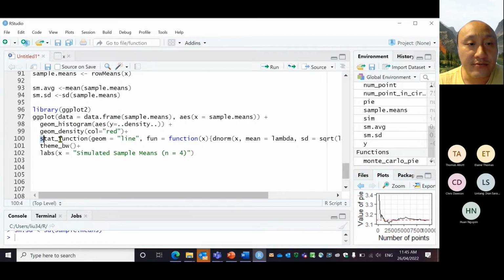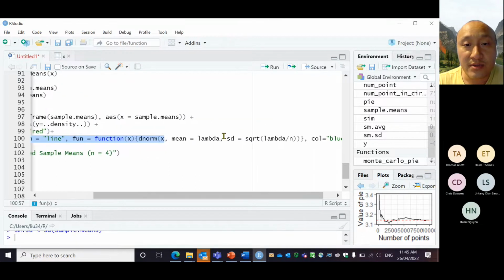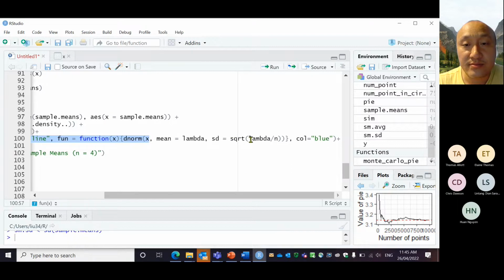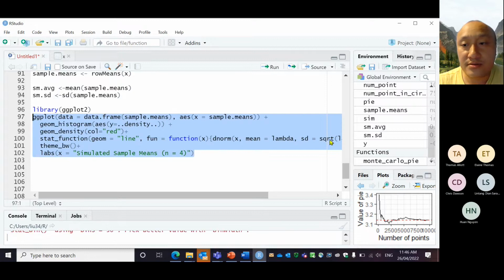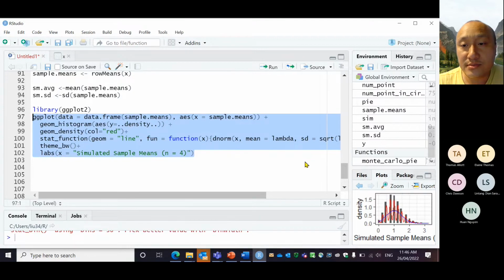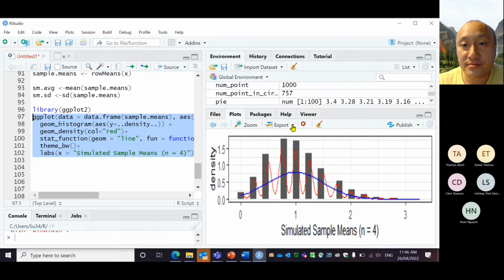And also we use a stat function to plot the true or theoretical density curve of a normal distribution, dnorm, with a mean equal to lambda and a standard deviation of the square root of lambda over n, and the color is blue. Okay, and then we label this as simulated sample means, n equal to 4. Here we go. We got this one.